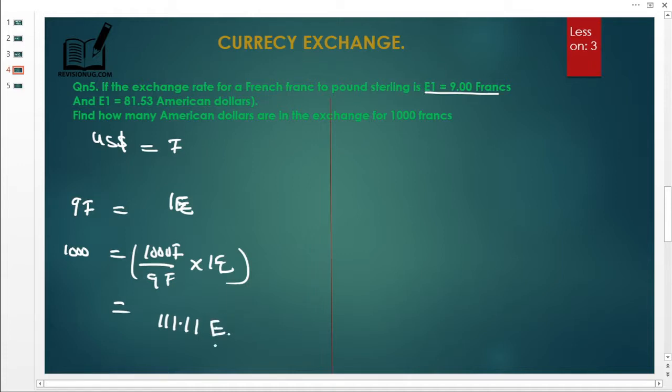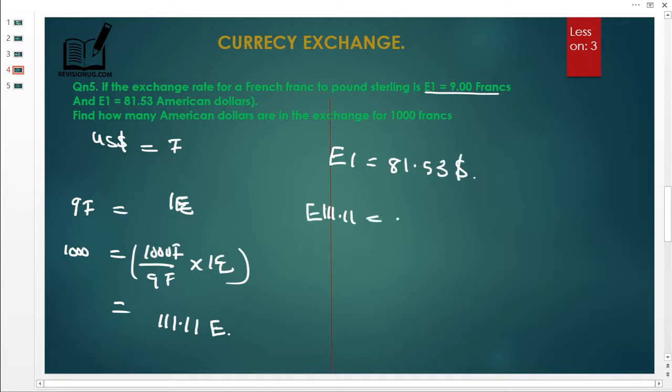Now we are going to change the pounds again into dollars, because the question wants us to get the currency in dollars from the pound. The leading statement will be 1 pound gives us 81.53 American dollars. Then how about 111.11 pounds?